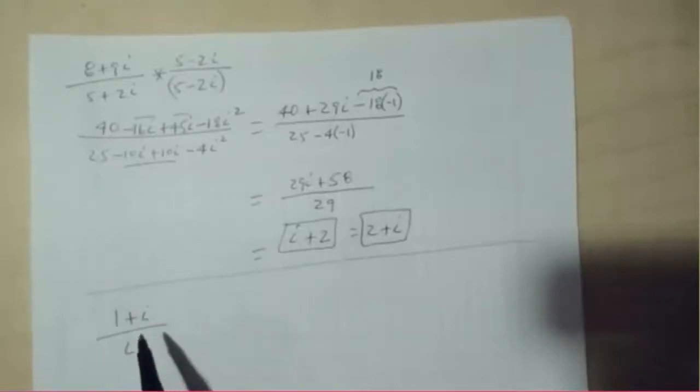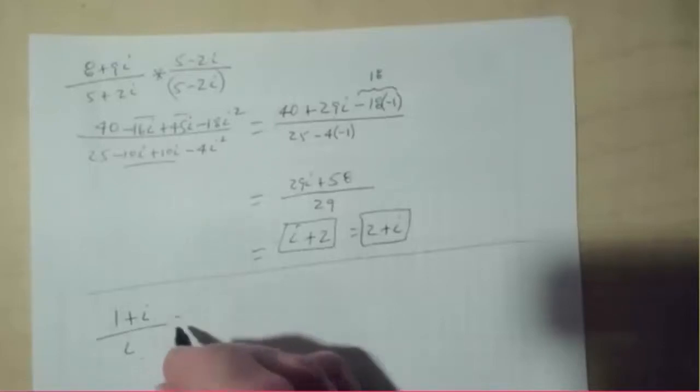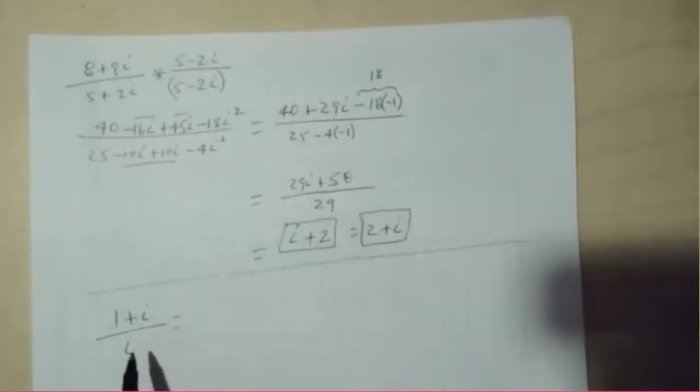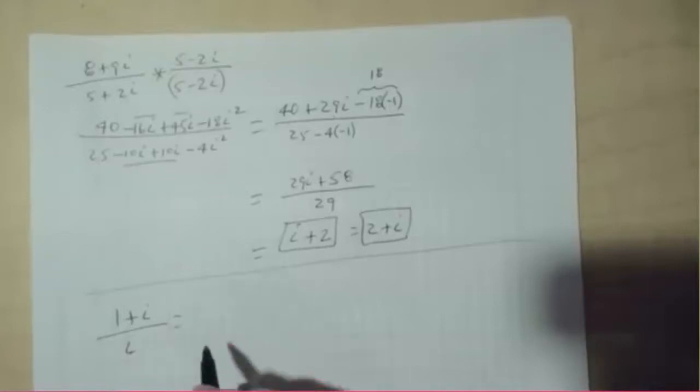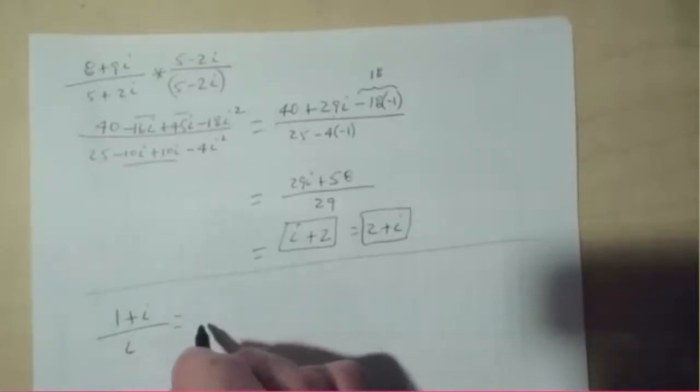What if we have this? 1 plus i divided by i. Now, can we divide each one of these things by i? No. Remember, you'd have to have an i in this term here also. So what can we multiply by to get rid of this i in the denominator?